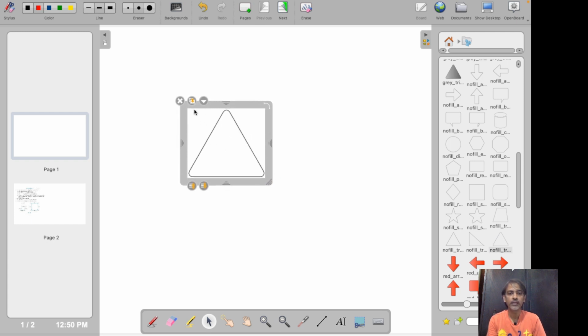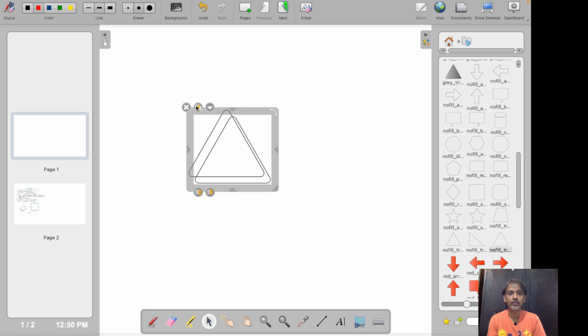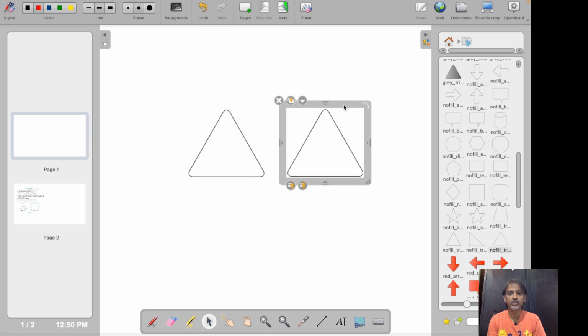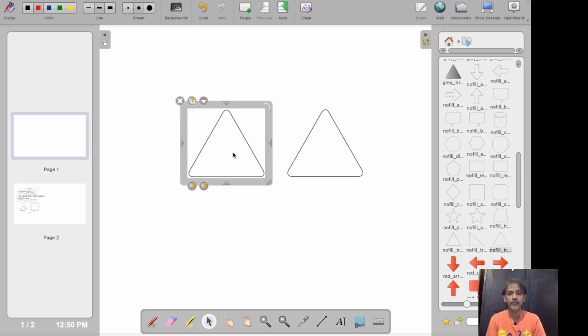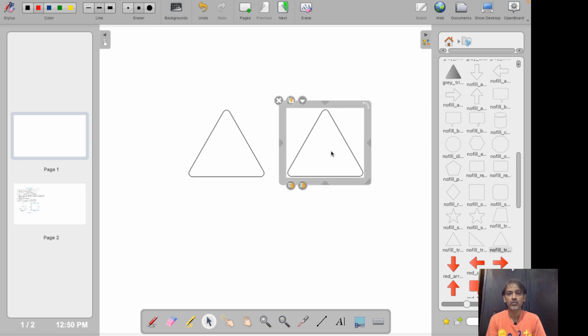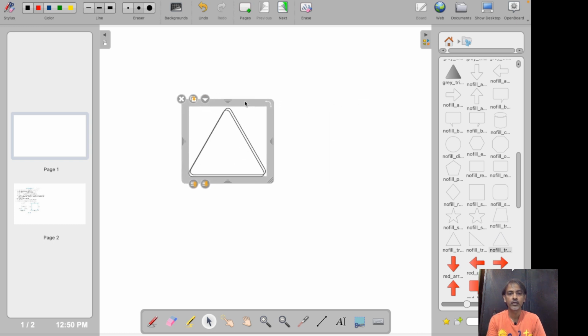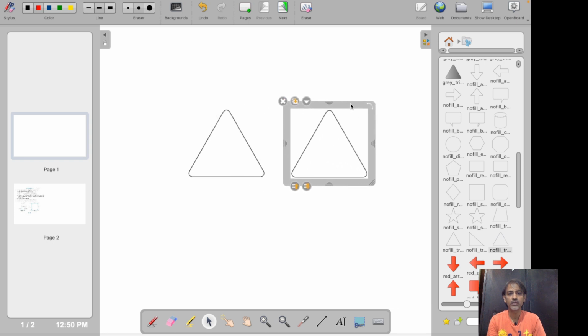Now if I take a copy of it and move it over here, we can see that this shape and this shape are the same and their size is also the same. If I put it on top of it, I can see that both of them are equal because I have taken a copy of it. So yes, these two figures are congruent because they have the same shape and same size.